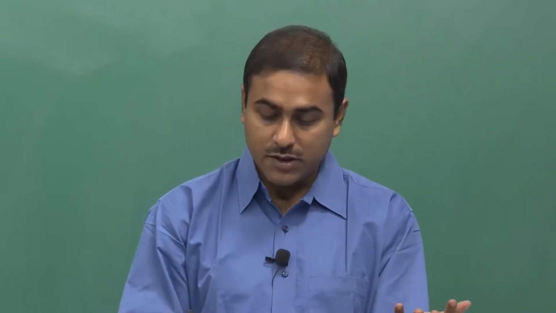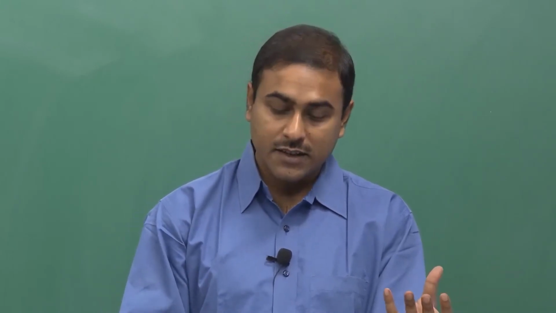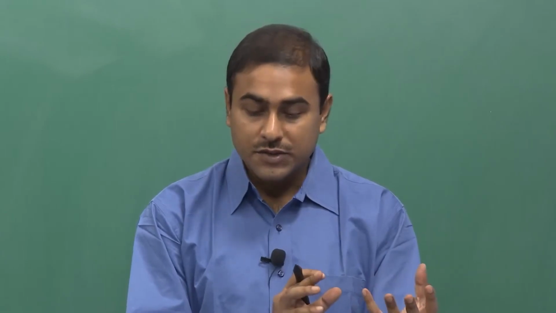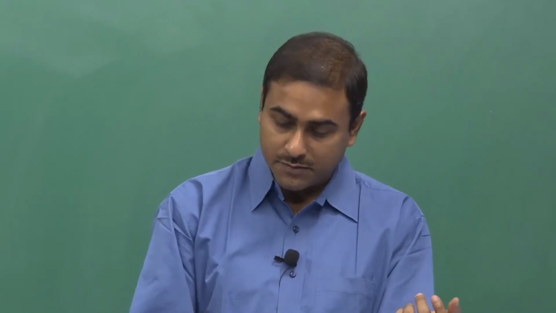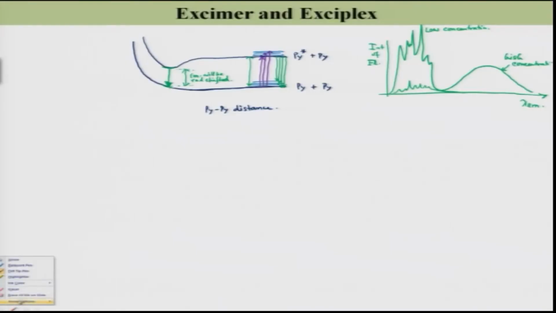That means dimer formation is not happening in the ground state of this molecule, and that is what you have seen, that they are repelling, it is not stable. But in the excited state, dimer formation is visible. That is why it is called the excited state dimer, or excimer.